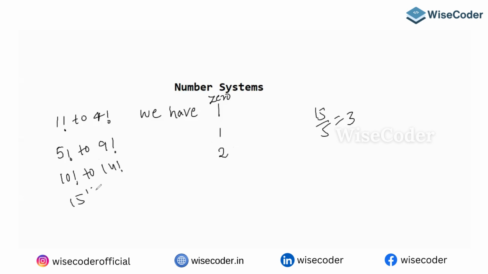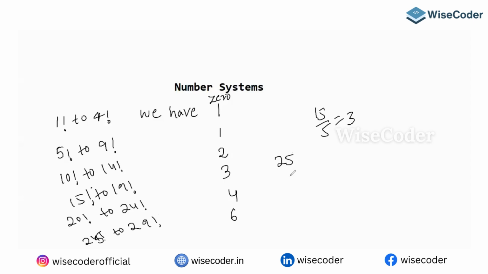So 15 factorial to 19 factorial will have 3. 20 factorial to 24 factorial will have 4. 25 factorial to 29 factorial will have 6. Why? 25 by 5 will give you 5. Again 5 by 5 will give you 1. Just now we saw.